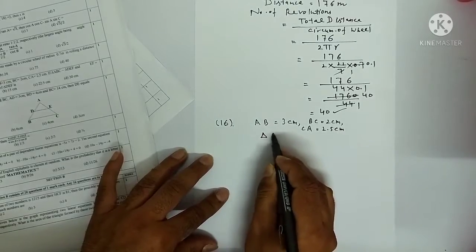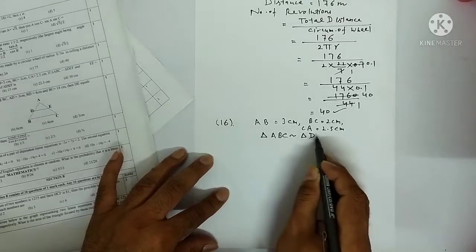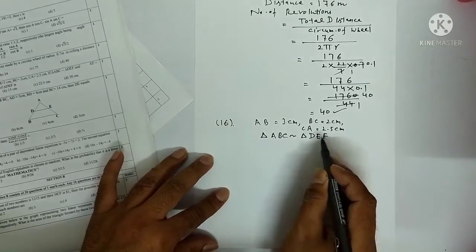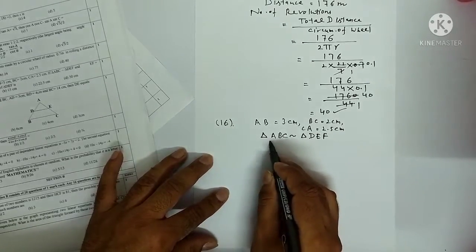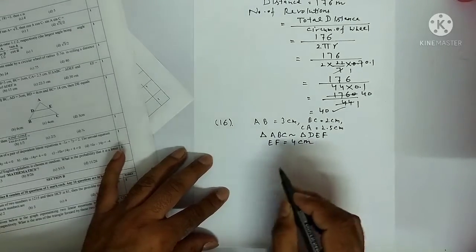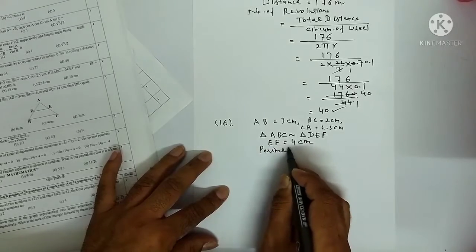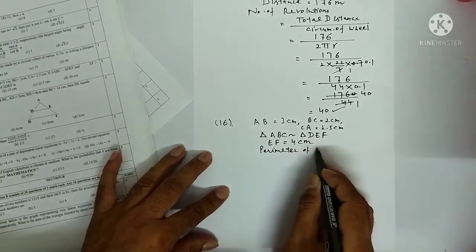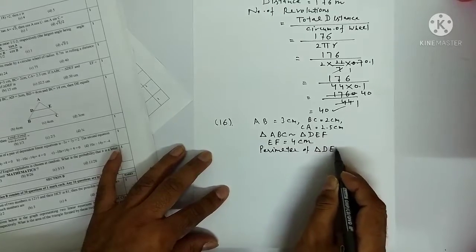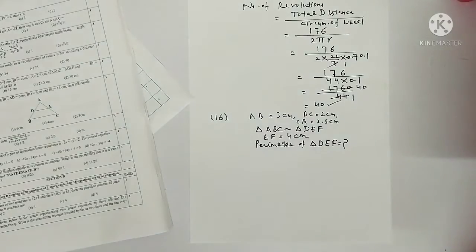It is also given that triangle ABC is similar to triangle DEF and EF is 4 centimeter. Now you need to find the perimeter of triangle DEF. So see how to do this question.